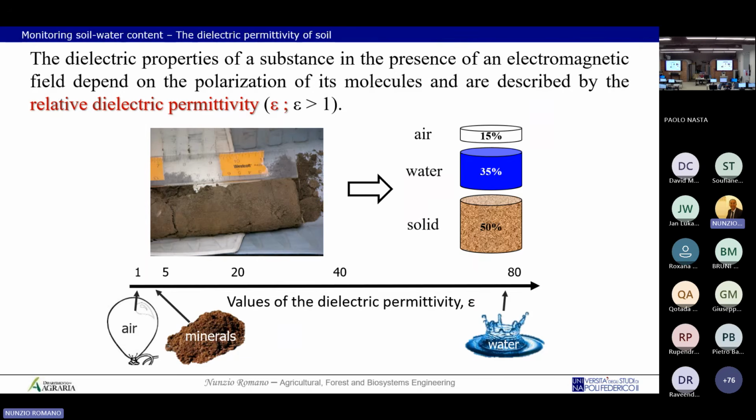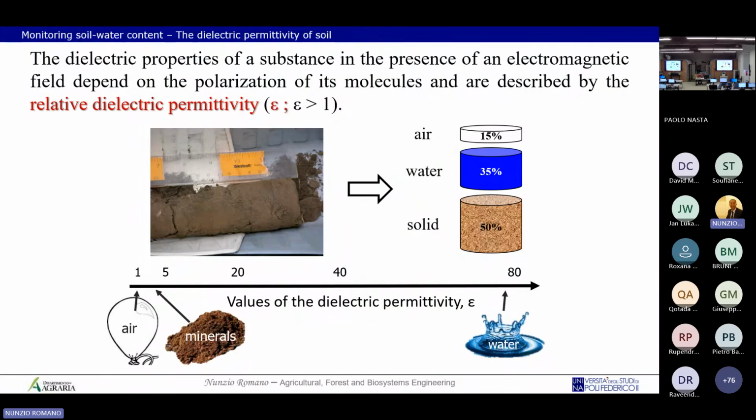But this is not the point now. Then we have the porous system that can be occupied by water or air, depending on whether the soil is wetter or drier, so more void pores or more water pores.